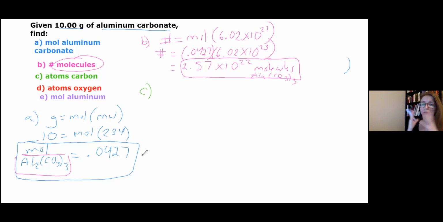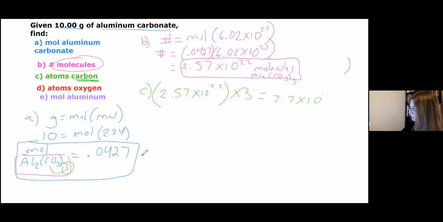So to go from molecules to atoms, whole to part, all I have to do is take my number of molecules that I just found, and multiply it by the subscript of whatever part I care about. So in this case, carbon. Looking at aluminum carbonate, I can see that there are 3 carbons. So I take my molecules and I multiply by 3. That gets me a value of 7.7 times 10 to the 22 atoms of carbon.